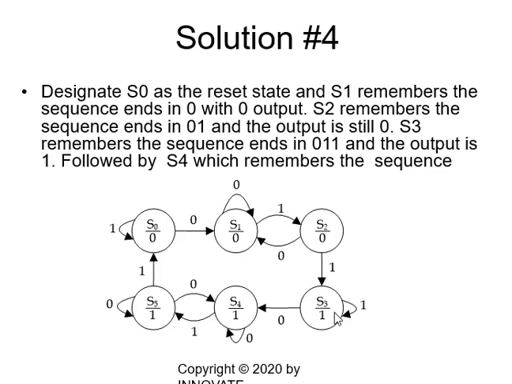Now, if I detect 0, I will go to S4. If I get multiple zeros, I will remain in S4, and the output will continue to be 1. However, if I get 0, 1, 1 again, the output will switch back to 0. If I get multiple ones in S0, I will remain in S0.